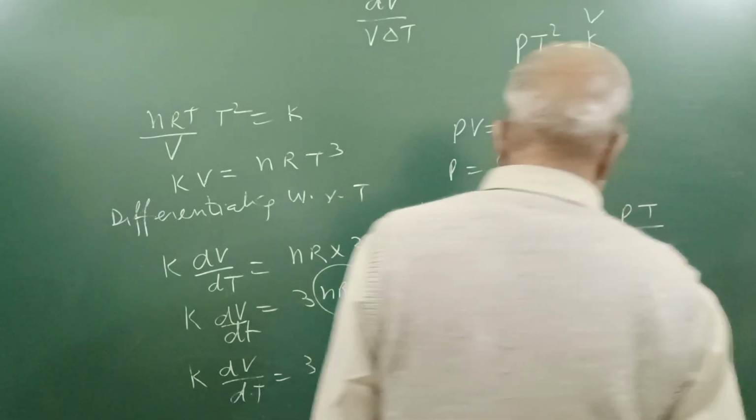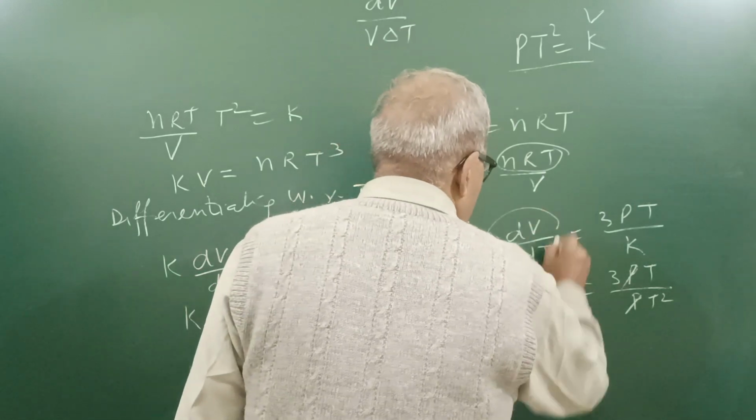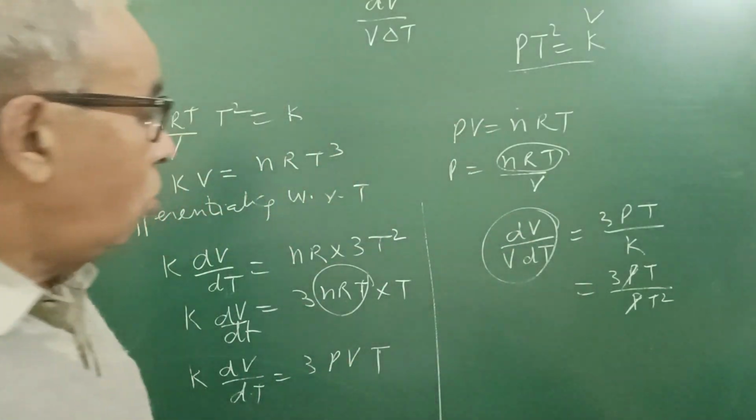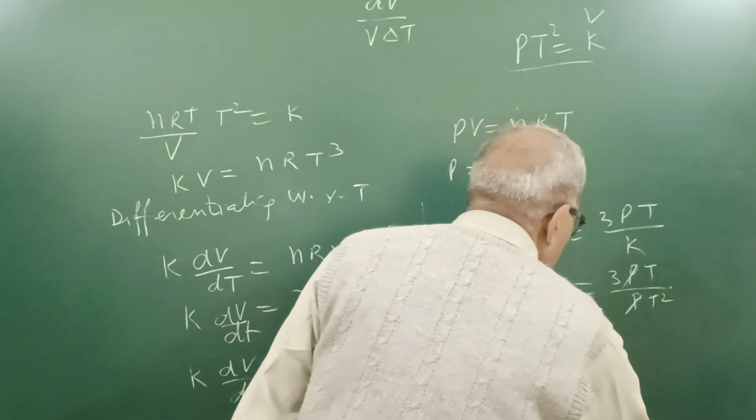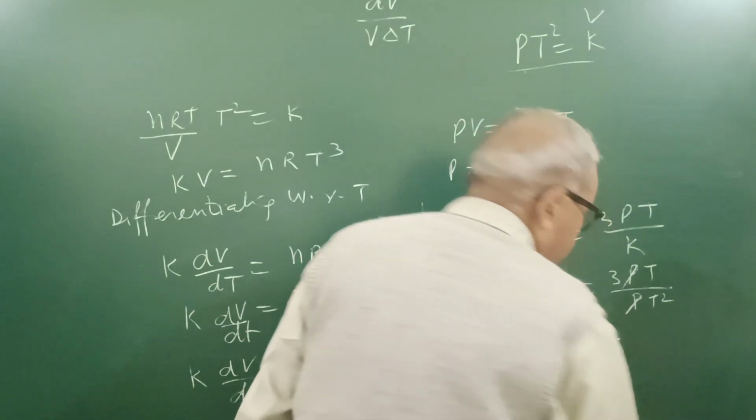So P cancels, and this is called the coefficient of volume expansion, equal to 3 by T.